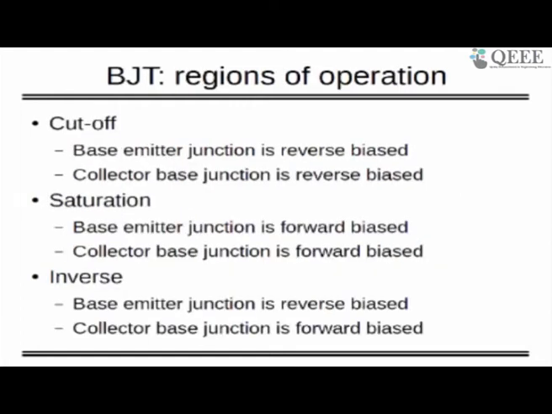Other than that, there are known terms, the various regions of operation: cutoff, saturation, inverse. Let's look at cutoff as the first region of operation. Before that, let's revisit the symbol of the BJT.